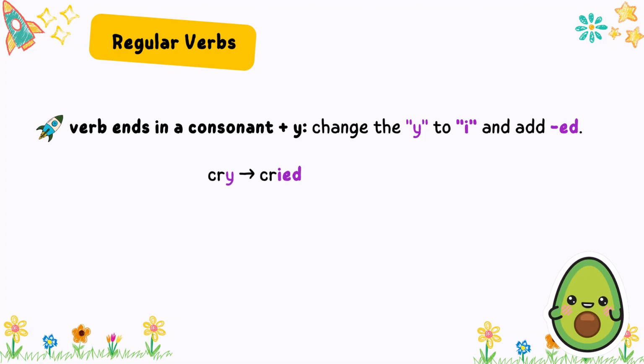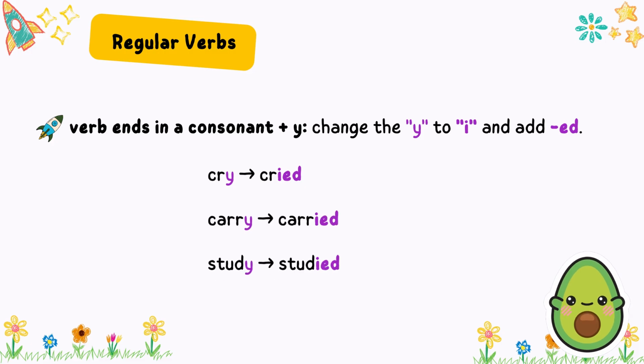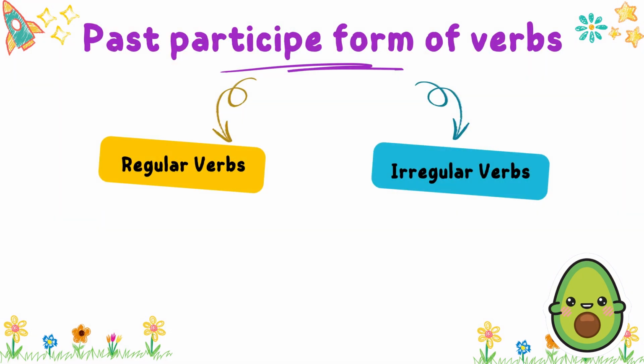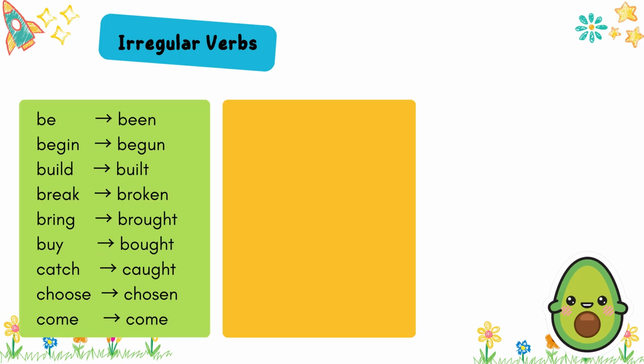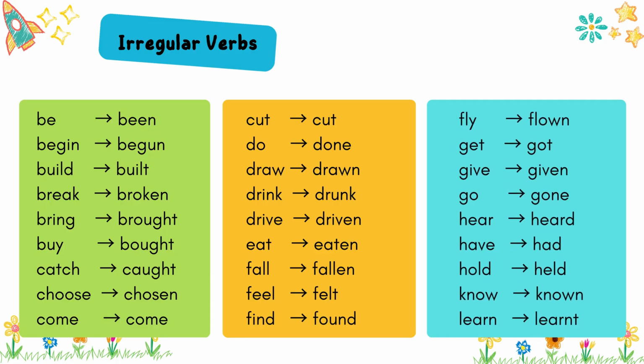Cry becomes cried. Carry becomes carried. Study becomes studied. Irregular verbs are special. They do not follow the ed rule, so we have to remember the third form. Here's a list of some of the most common irregular verbs.